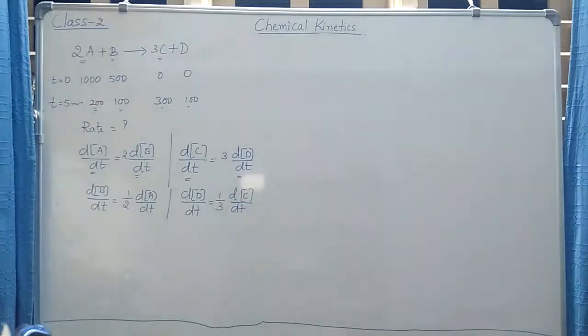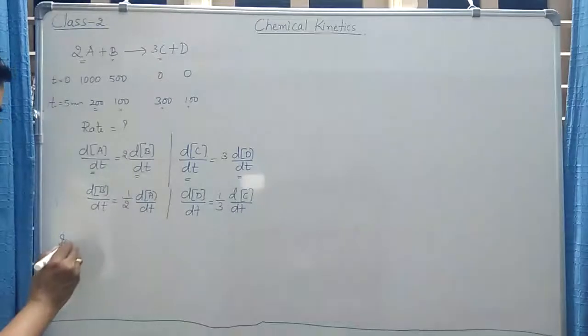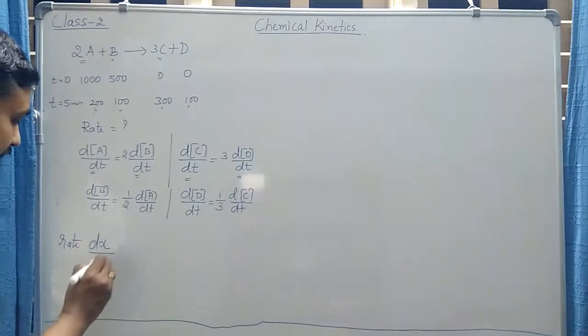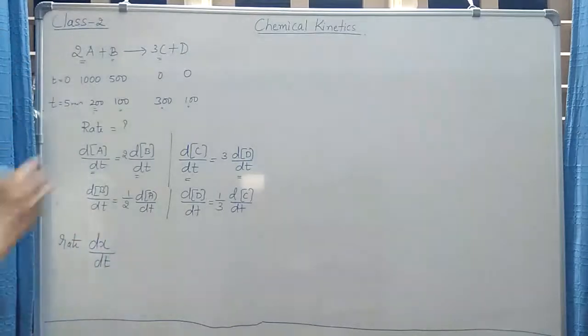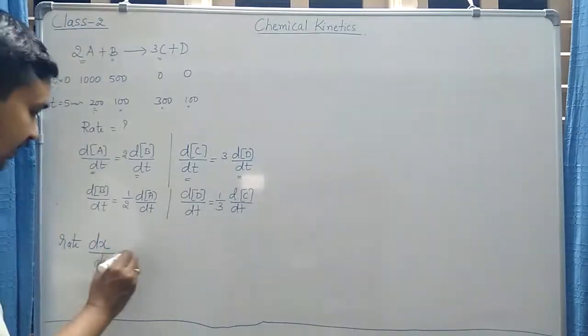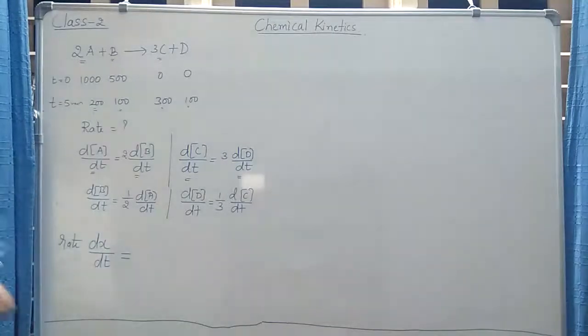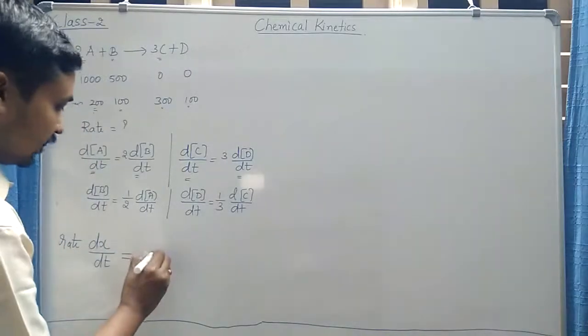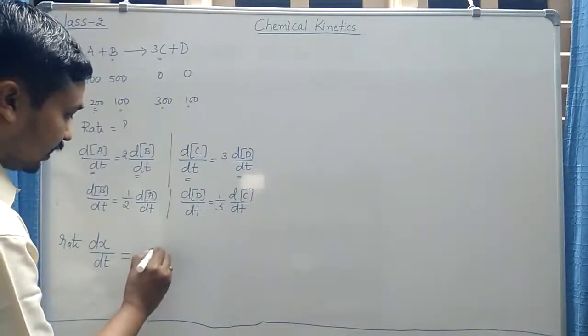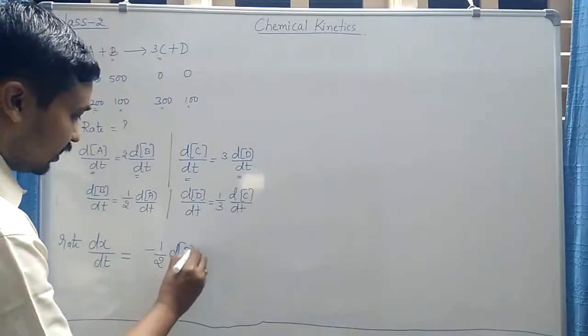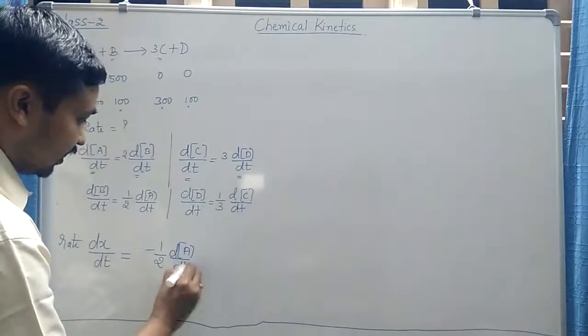Now let us define the rate of the reaction. The rate of this particular reaction is defined as follows: dx by dt, where x may be reactant A or B or product C or D. So the rate of this reaction can be written as minus half of dA by dt.